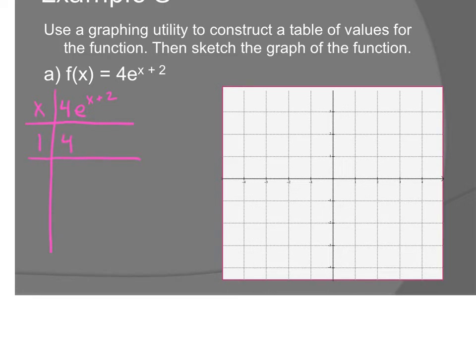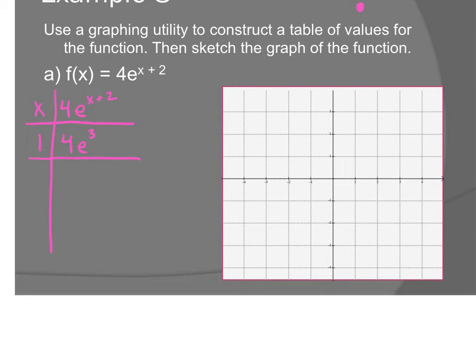So we have 4 times e raised to the power of 3. e raised to the power of 3 is 20.08 and then times 4 is 80.3. That would be super high up here.